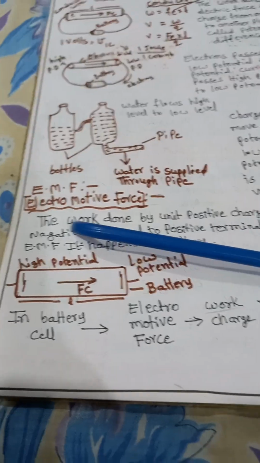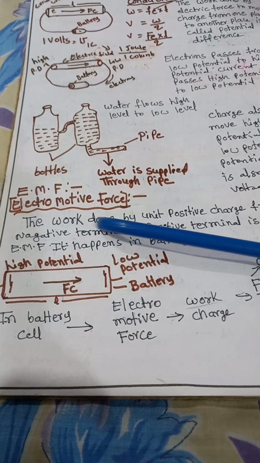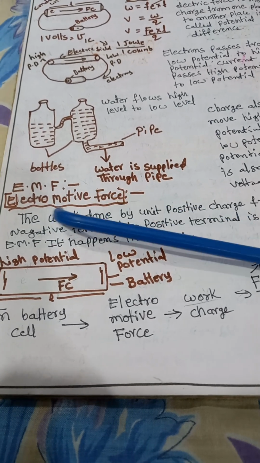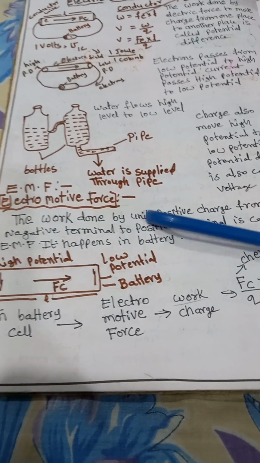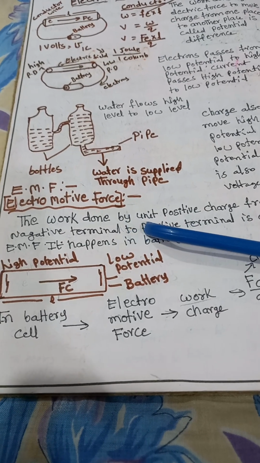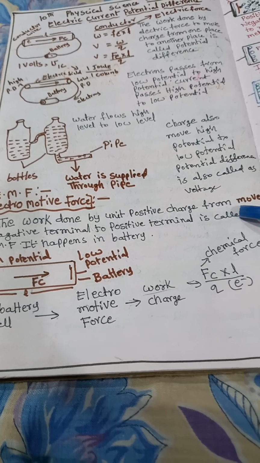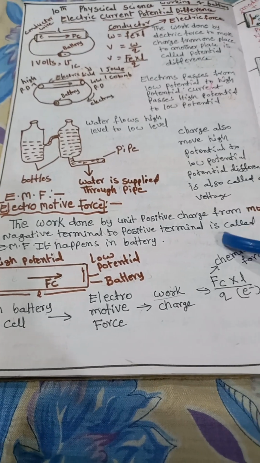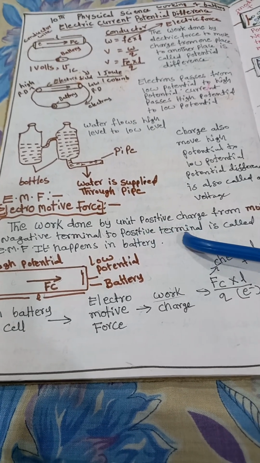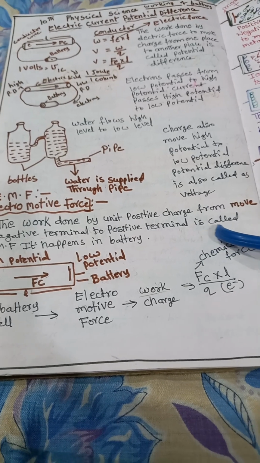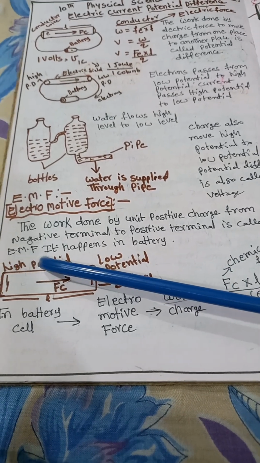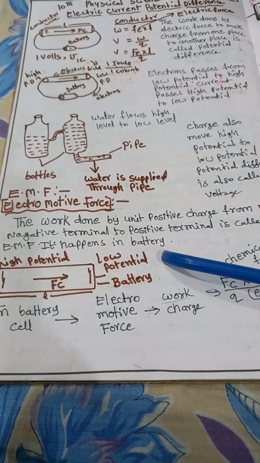Next one, electromotive force. EMF means electromotive force. So here also we can see the work done. The work done by a unit positive charge to move from the negative terminal to the positive terminal is called EMF. It happens in a battery.